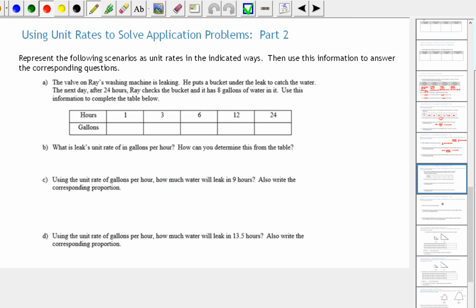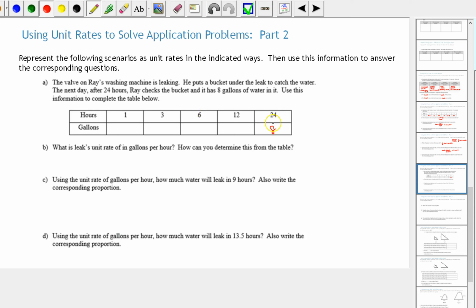Just another problem. Notice here I have them use doubling. So it says, after 24 hours, the bucket has 8 gallons of water in it. So here they'd start with 24 and 8. And then notice these are halving up here.